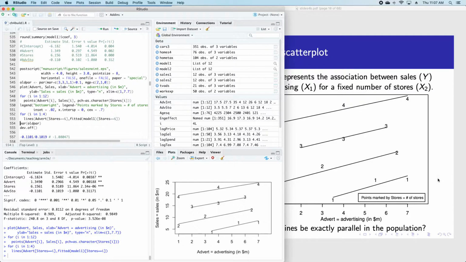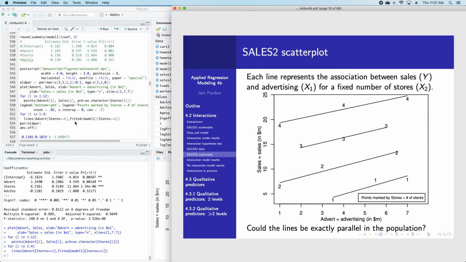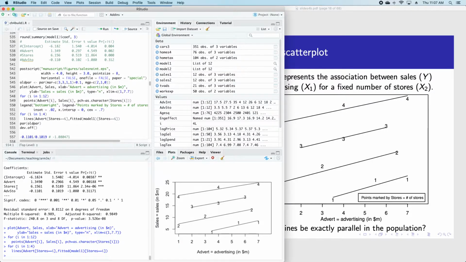Okay, so to do that we need to do the hypothesis test. So here's my coefficients table, and here's my p-value for the interaction term. It's larger than my significance level, and so I fail to reject the null hypothesis. So in other words, the regression parameter that goes with the interaction term could be 0.